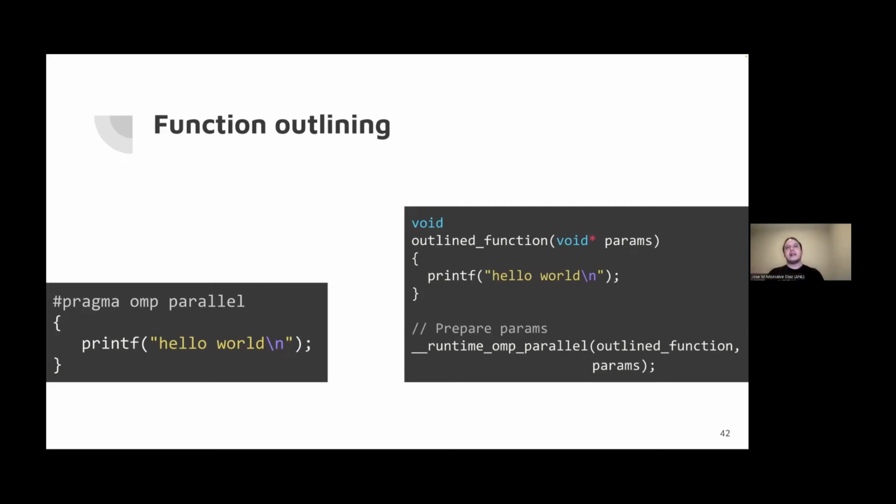So when we do parallelism, we gain a lot of performance, but the whole outlining mechanism can hurt us if we are not using a compiler that is aware of these particular function calls. So the compiler implementation that you use is absolutely important for the execution of the code. Function outlining is a process that happens over and over in OpenMP.